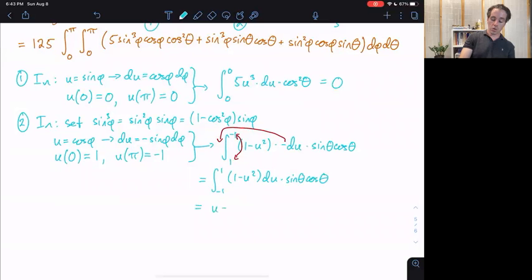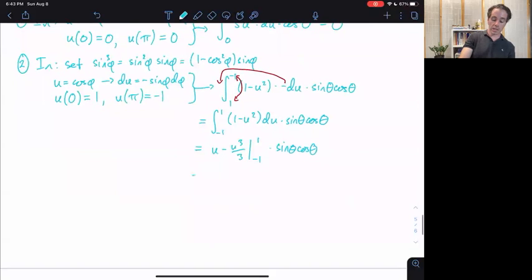It is, of course, u minus u cubed over 3 at negative 1 and 1 times sine theta cosine theta, and that is equal to 1 minus a third minus negative 1 plus a third.